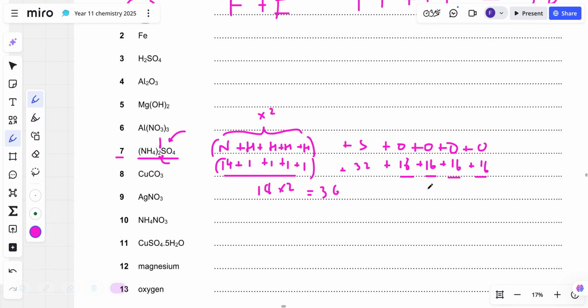Add those 2, which is 64. Add 32 over there, which gives me 96. 96 plus 36 gives 132. And that is the relative formula mass of ammonium sulfate. Okay, now I've gone through that quite quickly. I have done this before when you guys were in year 10.